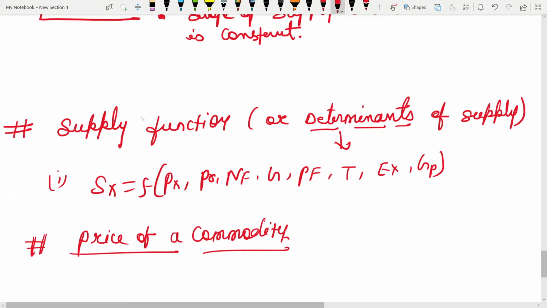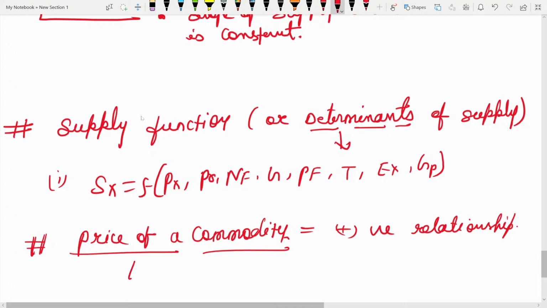There is a direct relationship between own price of a commodity and its quantity supplied, as we all know. That is showing a positive relationship between quantity supplied and price. Generally, a higher price gives producers incentive or motivation to increase the quantity supplied.